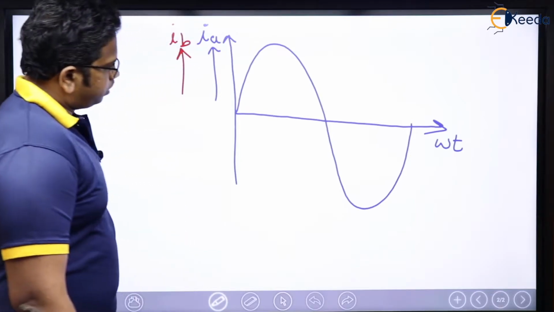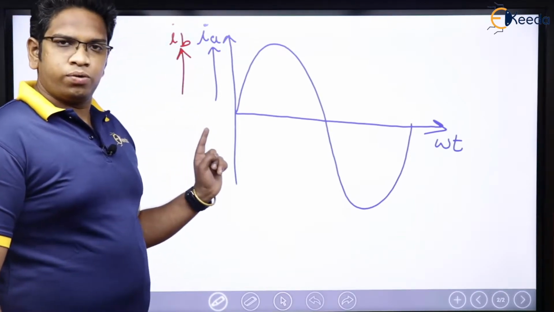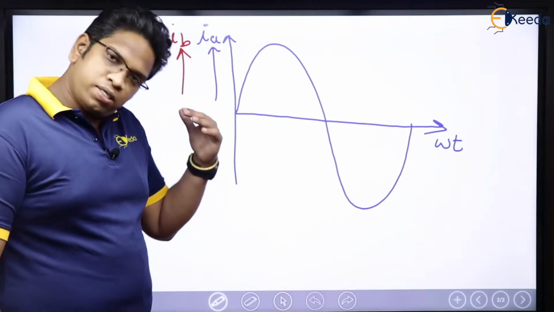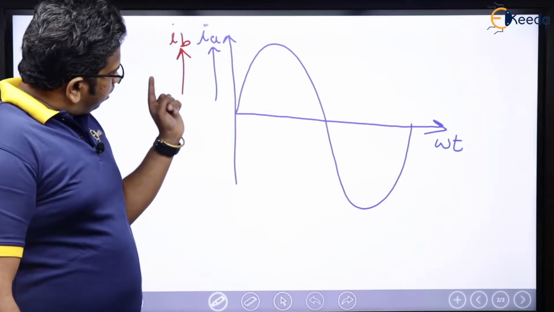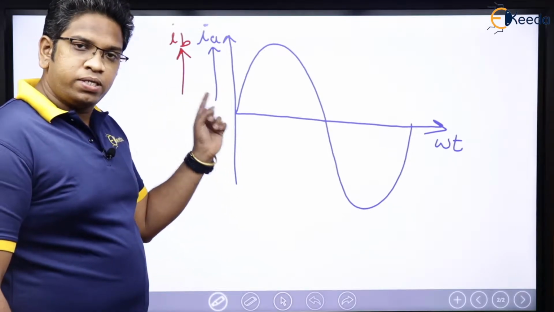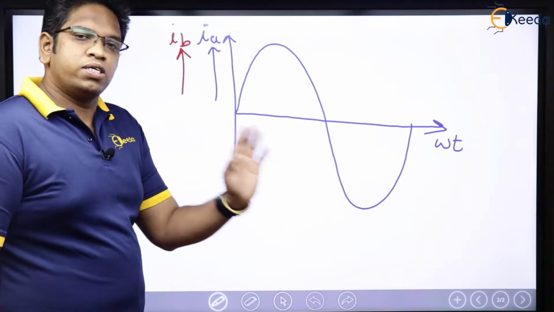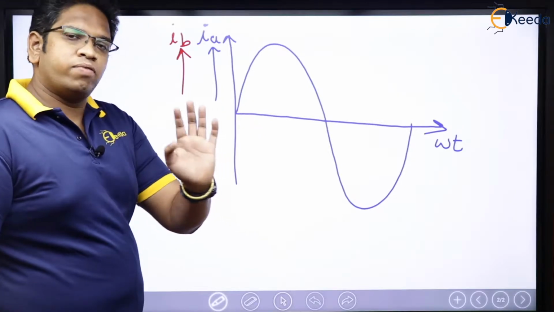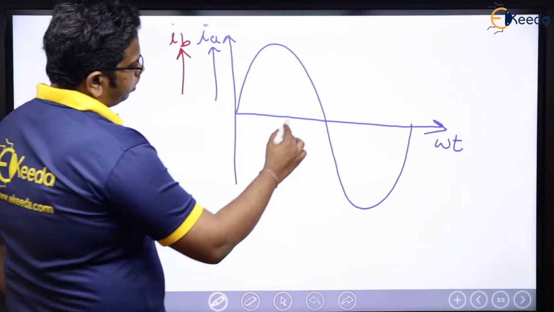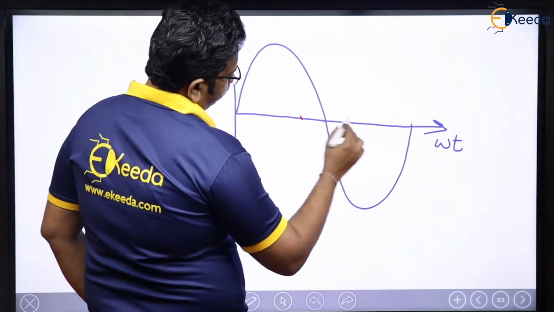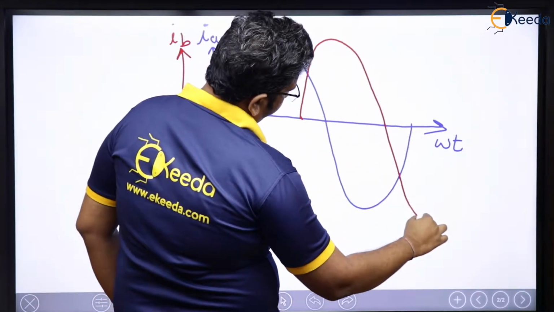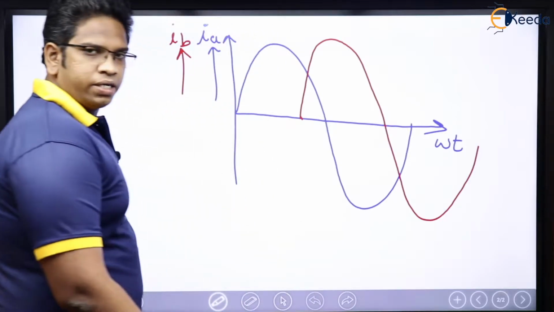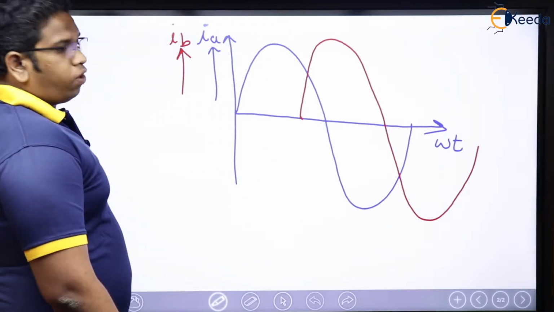Now, we know that if IA starts at 0, IB will be 120 degrees lagging to IA. See, if IA starts from 0, then it means IB will start after 120 degrees, because IB lags IA by 120 degrees, we know that. So, let me consider 120 degrees, and it is going to go like this somewhere. Right? Now, what about third phase?